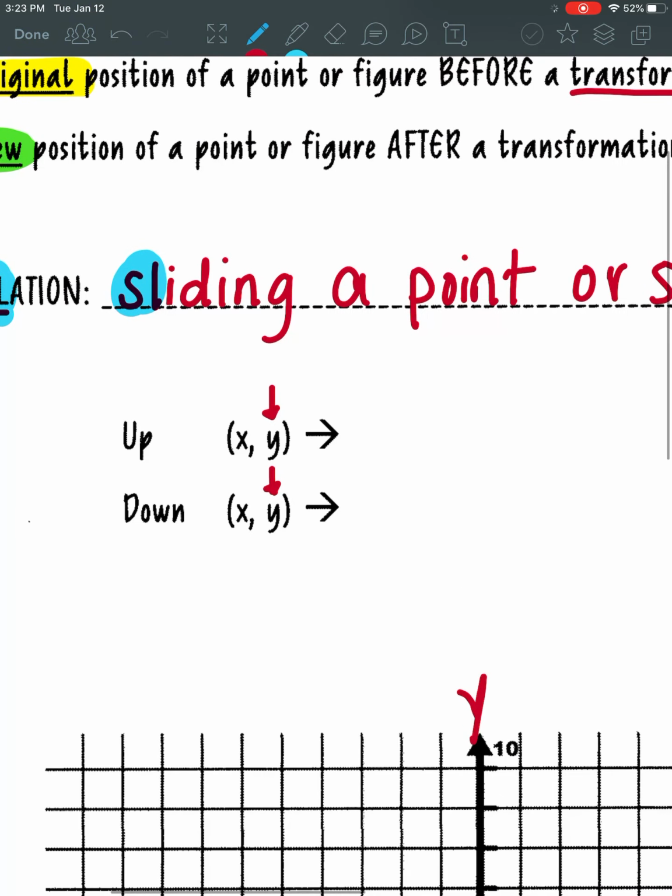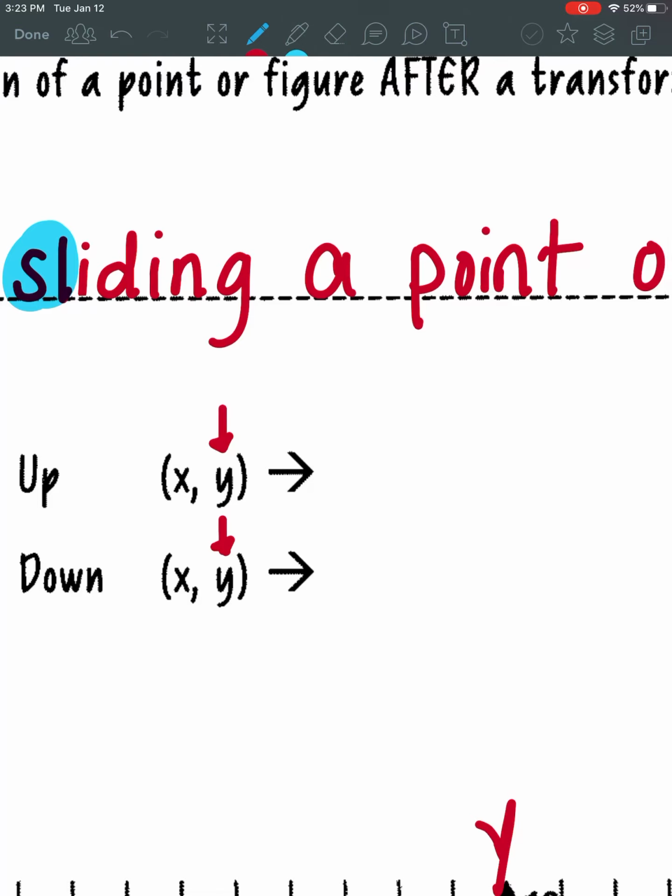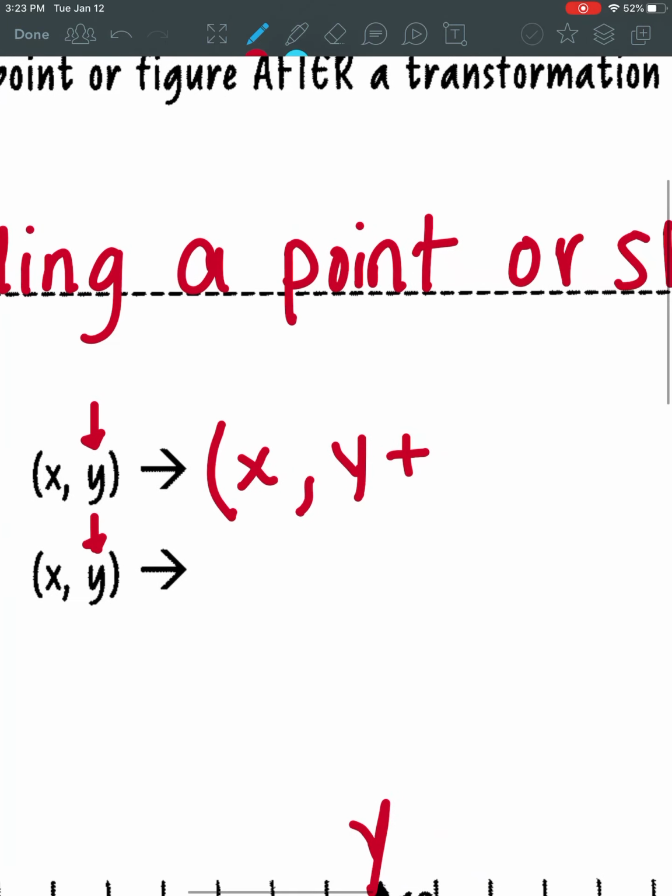Well, that's your y-axis. So if we move up, think about positive versus negatives, then the y value is going to increase. So we're going to see an arrow. Now the x is not going to change if we're just moving a shape straight up, but the y value will change, and we will add however many places we are moving.